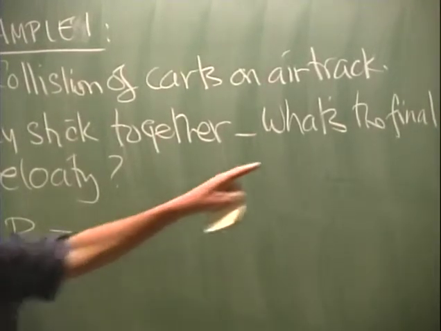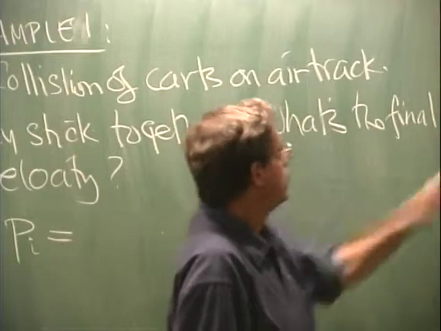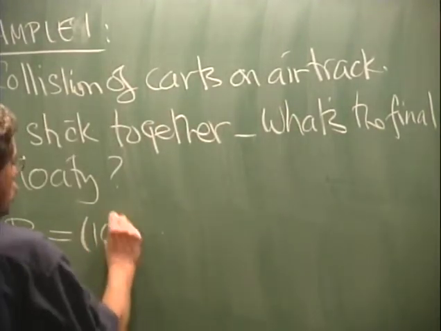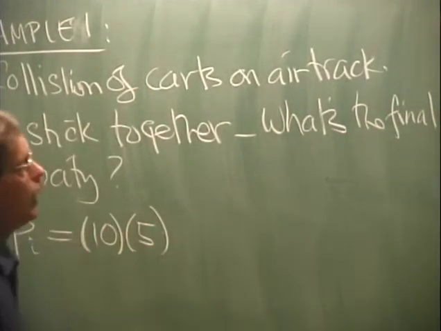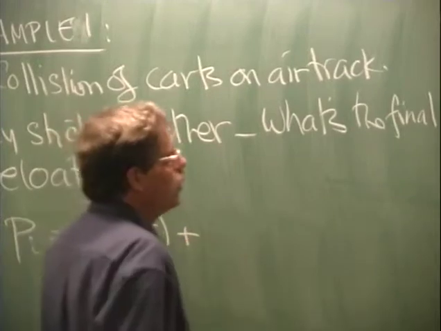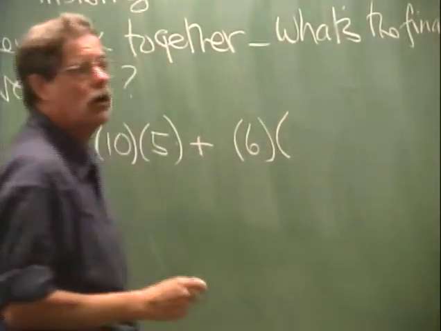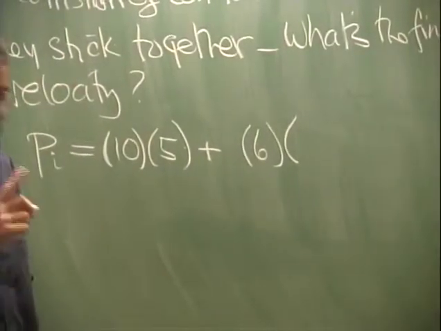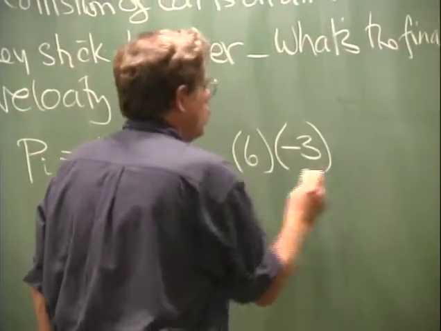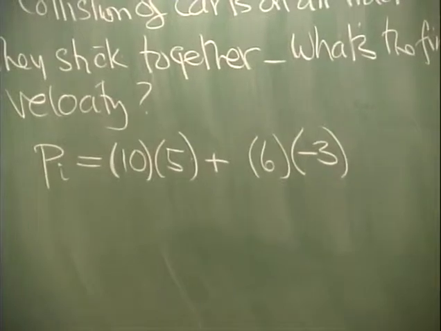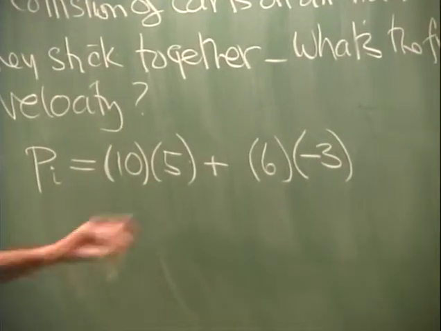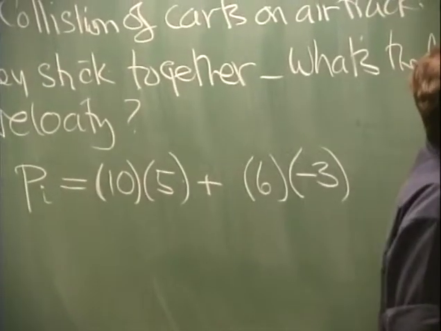So the momentum of this cart, 10 times 5. The momentum of the other cart, 6 times minus 3. Easiest way to screw up in this business is to be careless about the directions. This is going in the backward direction.